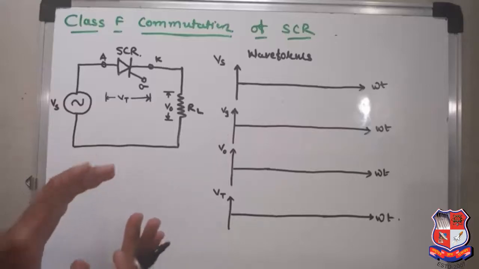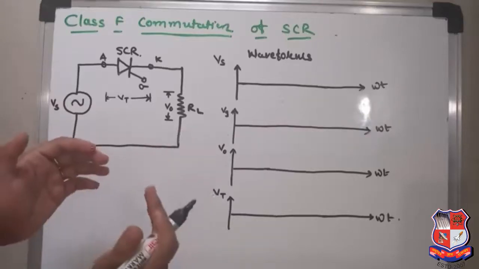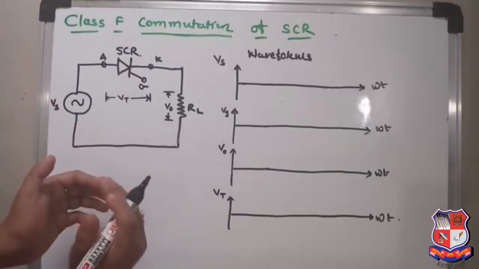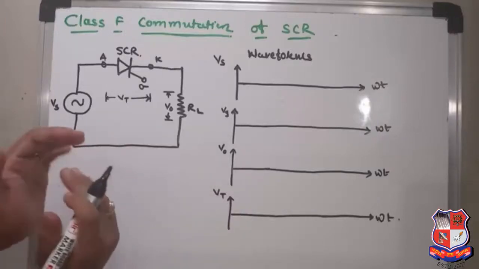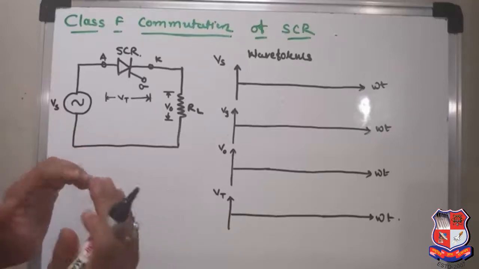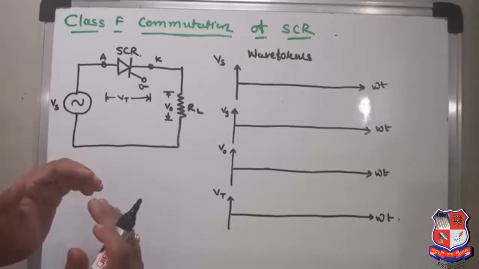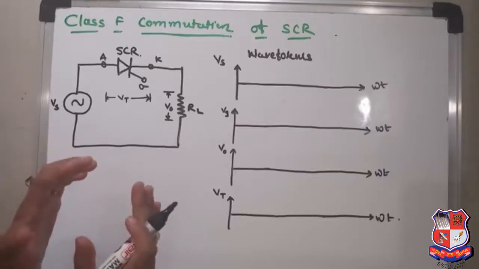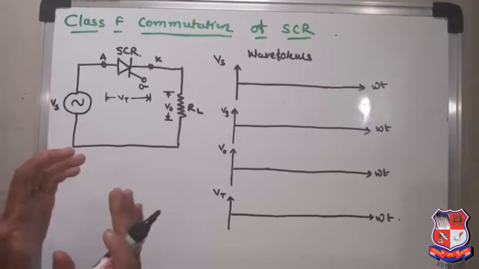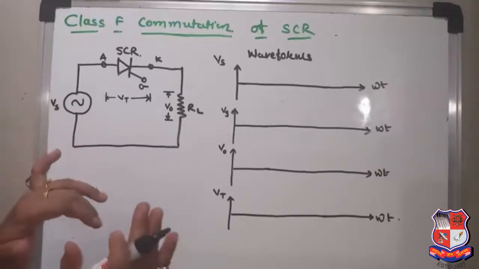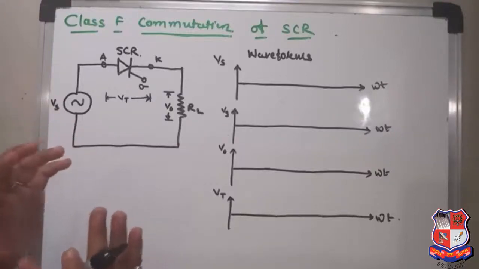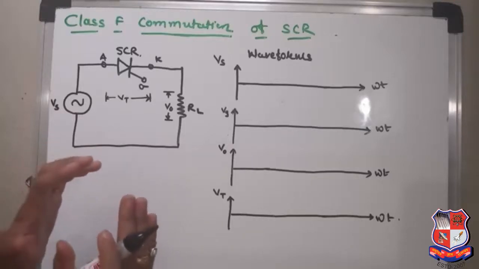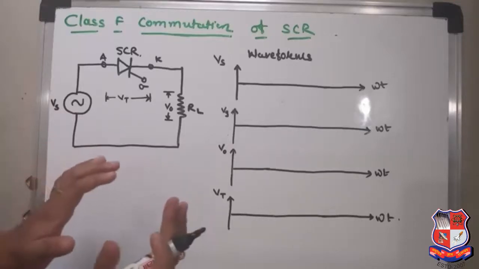Natural commutation means, when the SCR is operated on an AC supply, during the positive half cycle, when you give a pulse to the gate terminal, the SCR comes into conduction mode and starts conducting, and during the negative half cycle the SCR is turned off automatically by the natural tendency of the AC wave. That is called natural commutation.